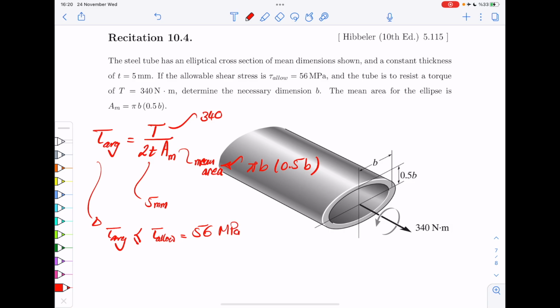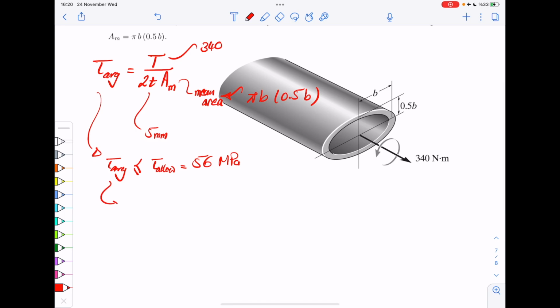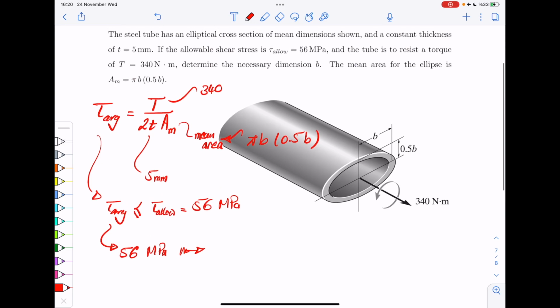So all you have to do is to set tau average here to 56 to find the smallest B, or the necessary B. So you just set tau average to be 56 megapascal, and that gives you B equals 0.0197 meter, or otherwise 19.7 millimeter.